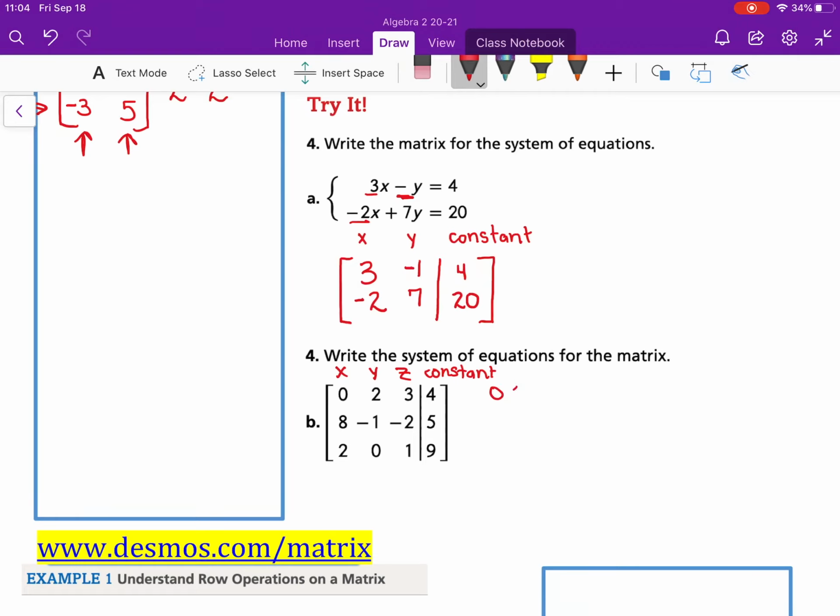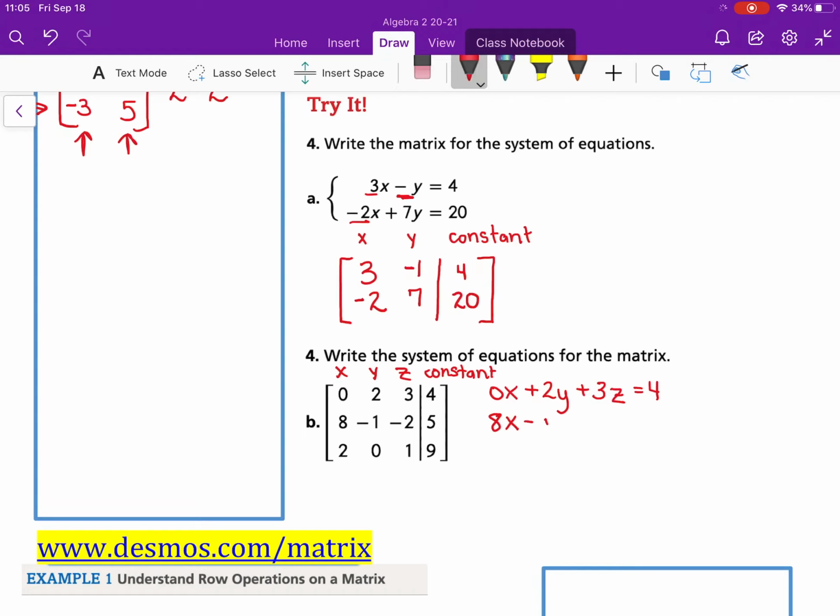All right, so here we do 0x plus 2y plus 3z equals 4. Repeat, 8x minus 1y.